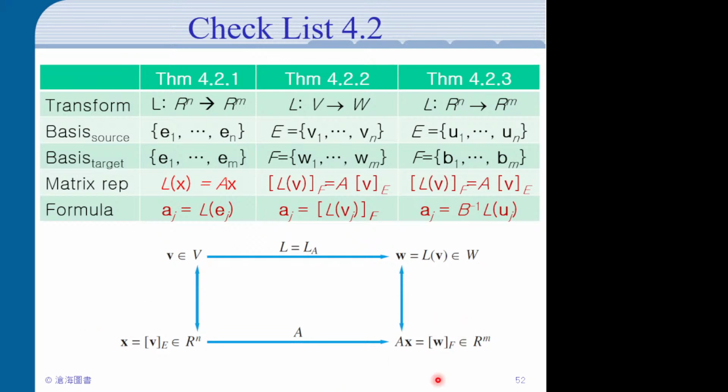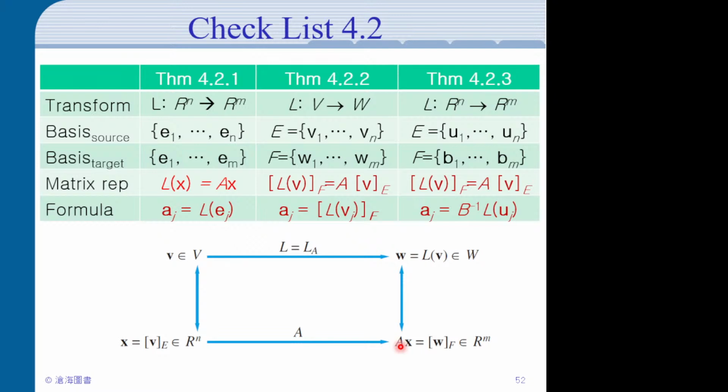You go to the down space here and you want to find the columns Aj: the Aj corresponding to what the j-th basis vector got mapped into. So you have the j-th basis vector here, you map it into W here, and then you find the coordinate here, and that's your Aj. Because that corresponds to mapping the standard basis here to here.